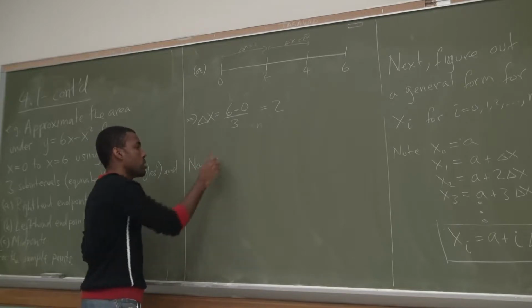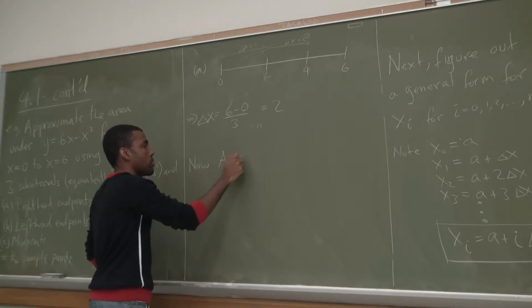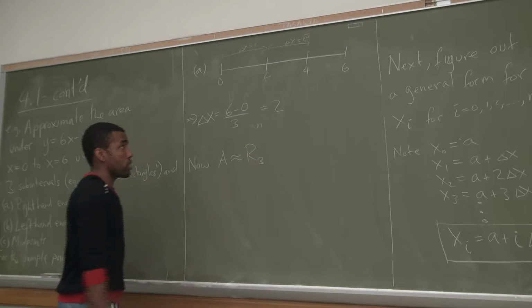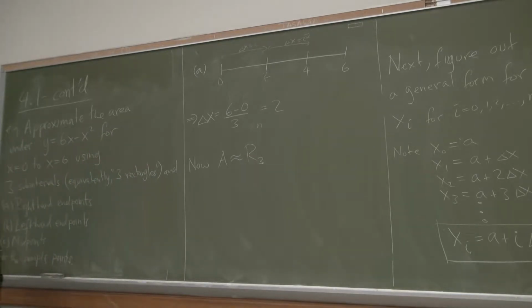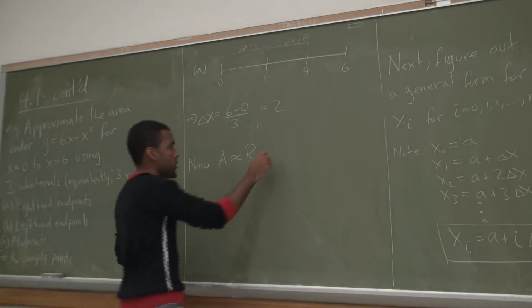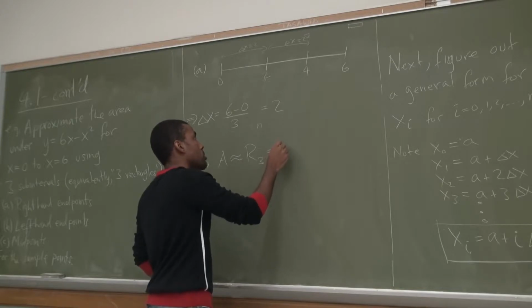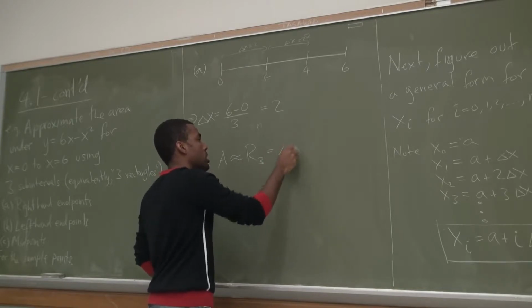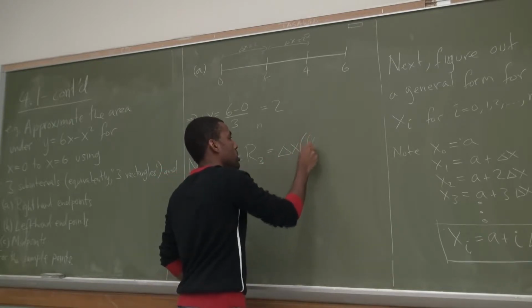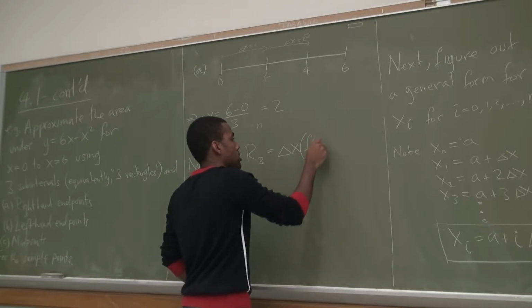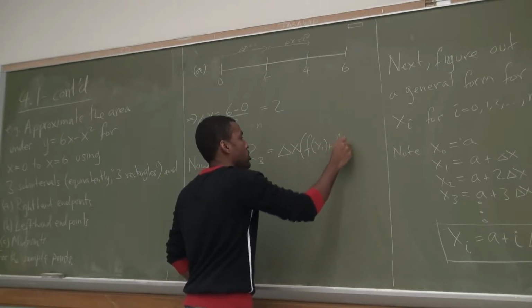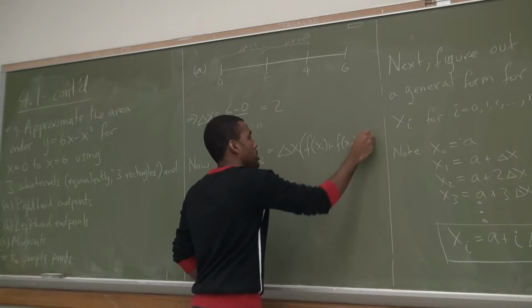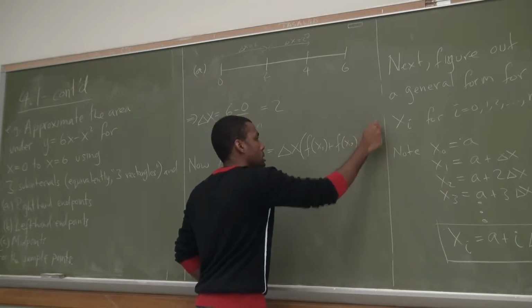Now, the area, if I want to approximate it using 3 rectangles in the right-hand endpoints, how would I do that? Well, this is just delta x times f of x1 plus f of x2 plus f of x3.